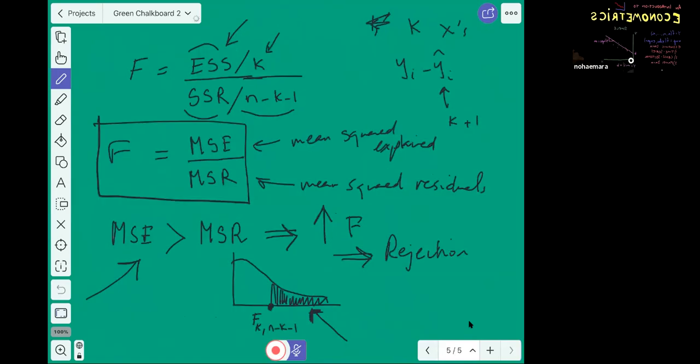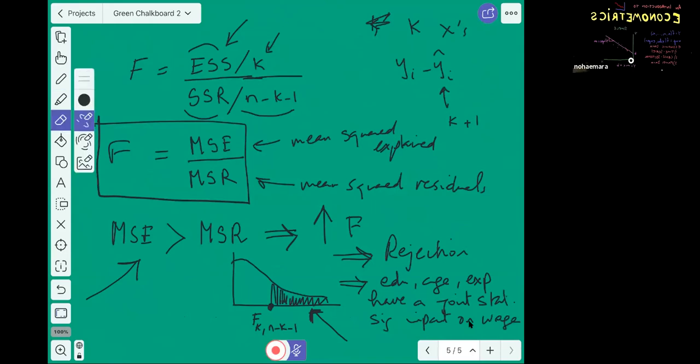So if you reject, then you can say that education, age, and experience have a joint statistically significant effect or impact on wage hat, right?